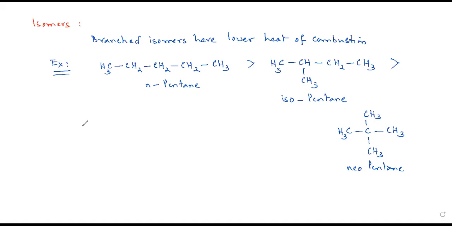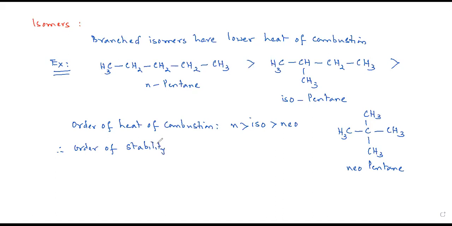So when you go for order of heat of combustion, it will be n, iso, then neo. Therefore, the order of stability will be exactly opposite, right? Neopentane has least heat of combustion, so is most stable.